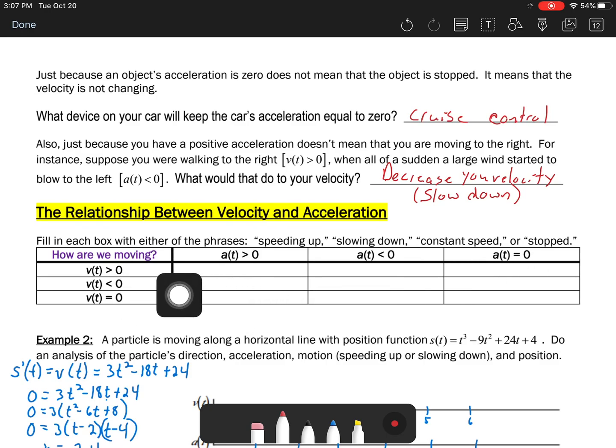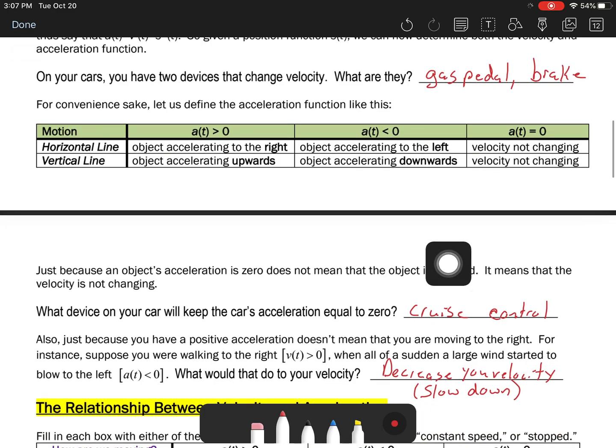Here's what we want to think about. If our velocity is moving us to the right, and now we're accelerating with it, where we have a positive acceleration, let's go back and look at what that's telling us. Let's just keep it horizontal. The object is accelerating to the right.